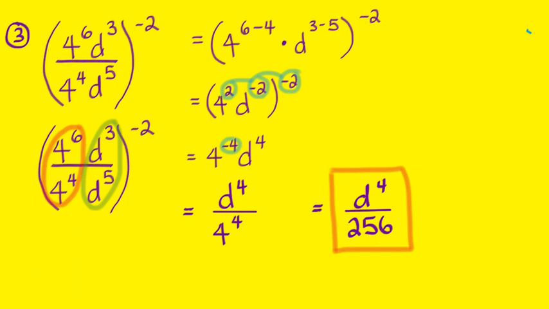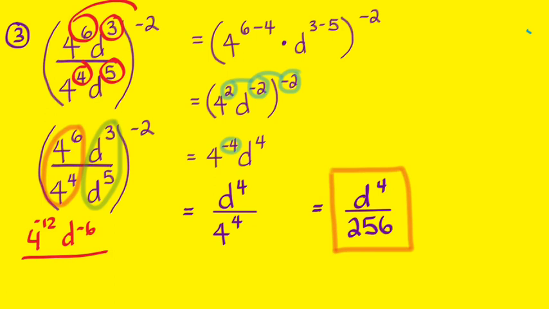I could have distributed to all of these first. And if I did that, I would have 4 to the negative 12th and d to the negative 6th over 4 to the negative 8th and d to the negative 10th, right? And then I would resolve here.